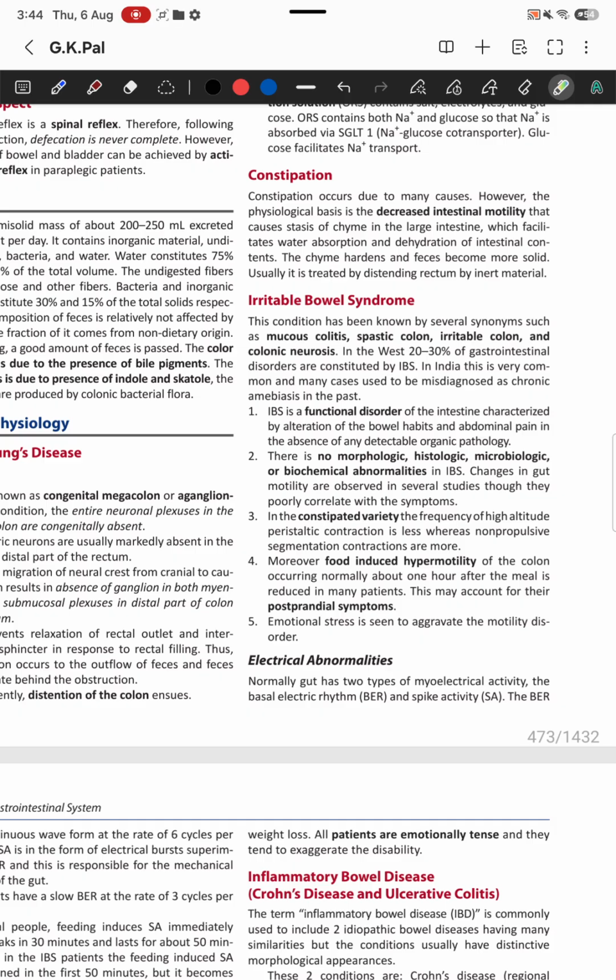There are no morphologic, histologic, microbiologic or biochemical abnormalities in IBS.